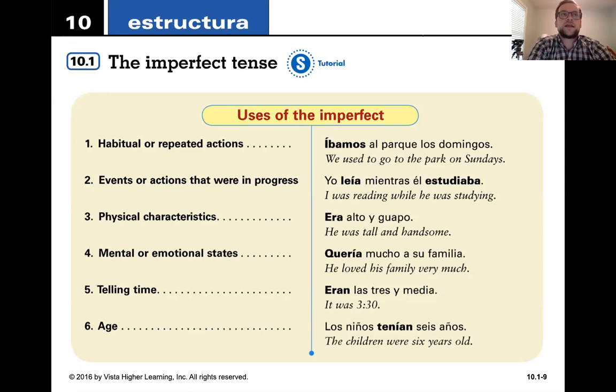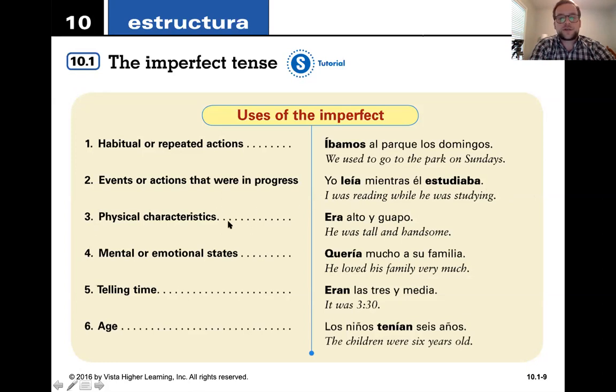Like yesterday, estaba estudiando, right? I was studying yesterday. Cuando de repente, when all of a sudden someone knocked at my door. So you'll often see the preterite break up an imperfect sentence or an ongoing action, right? We'll look at that in section 10.2. Yo leía mientras él estudiaba, all right?